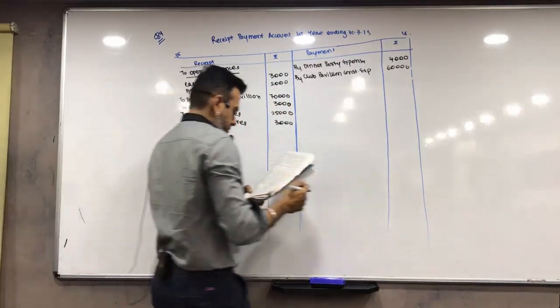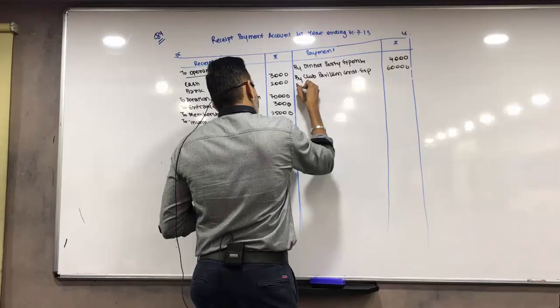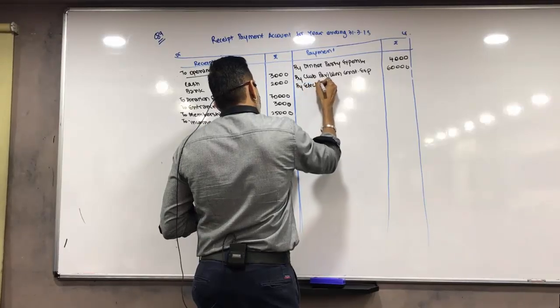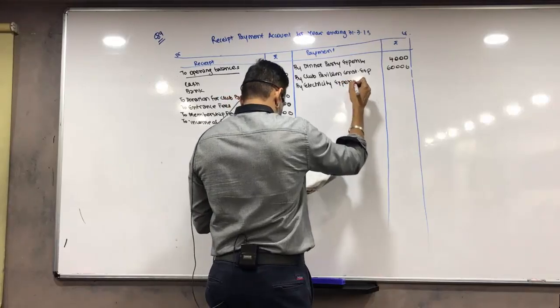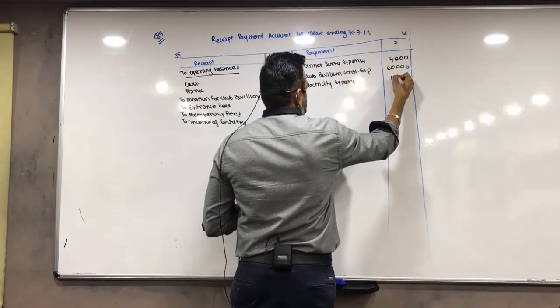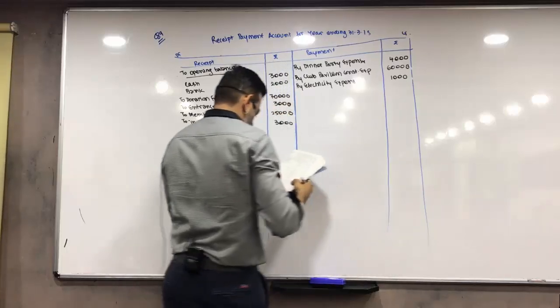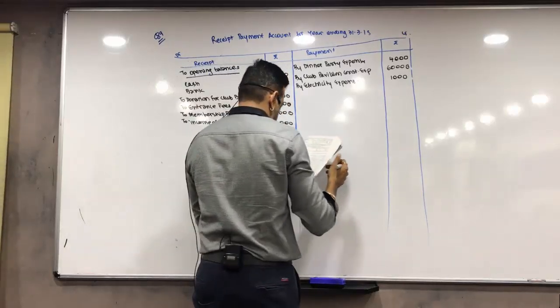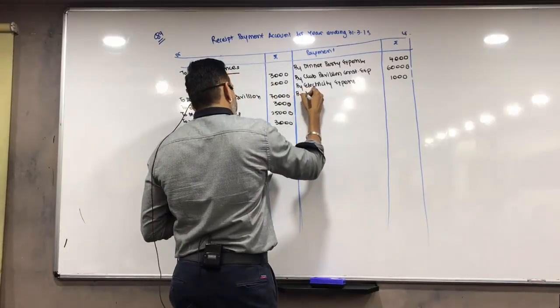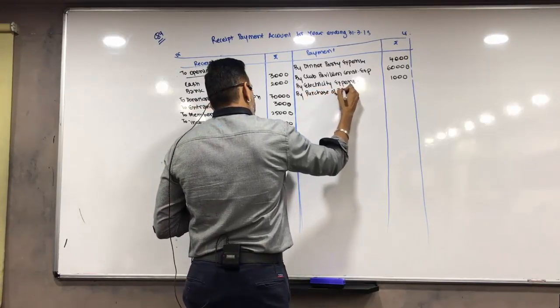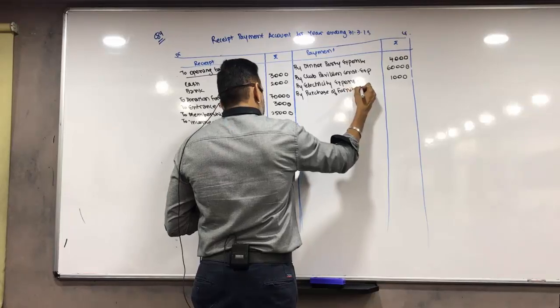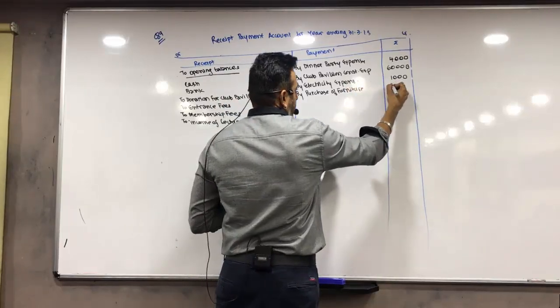Electricity expense 1,000. Purchase of furniture. By purchase of furniture 5,000.